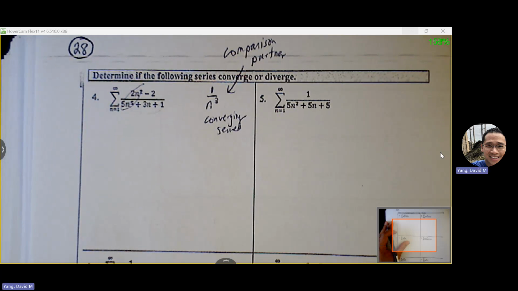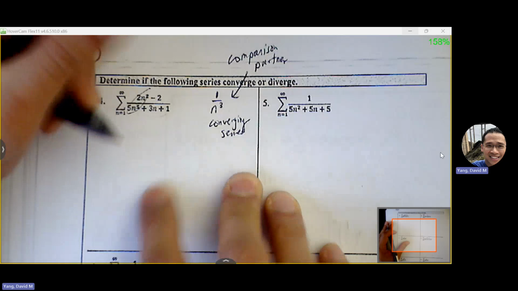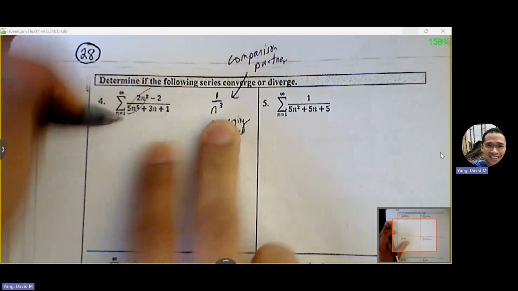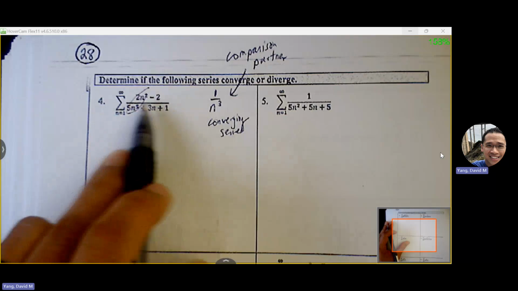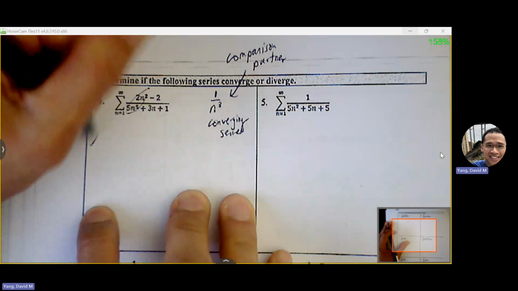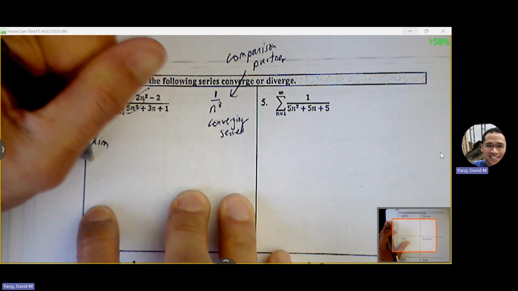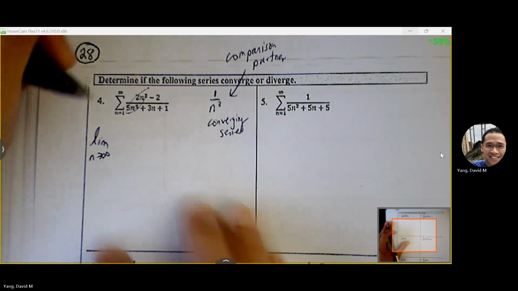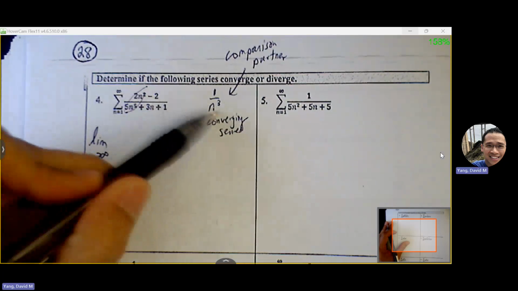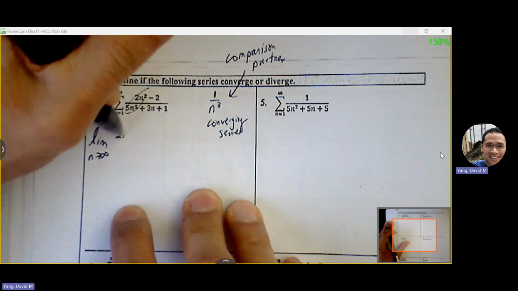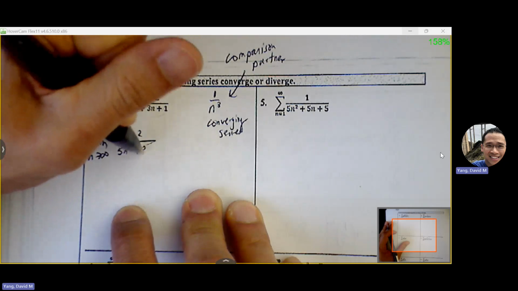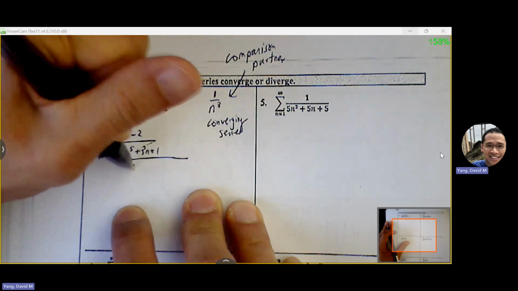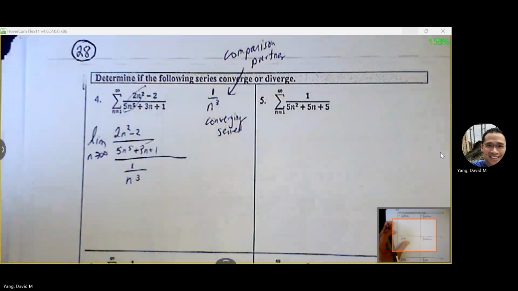So it doesn't matter which one we divide by each other, but we're going to use these two to see if this series can also converge. So we're going to take the limit as n approaches infinity. Typically, I put this over this one, but it doesn't really matter. 2n squared minus 2 over 5n to the 5th plus 3n plus 1, all over 1 over n cubed.